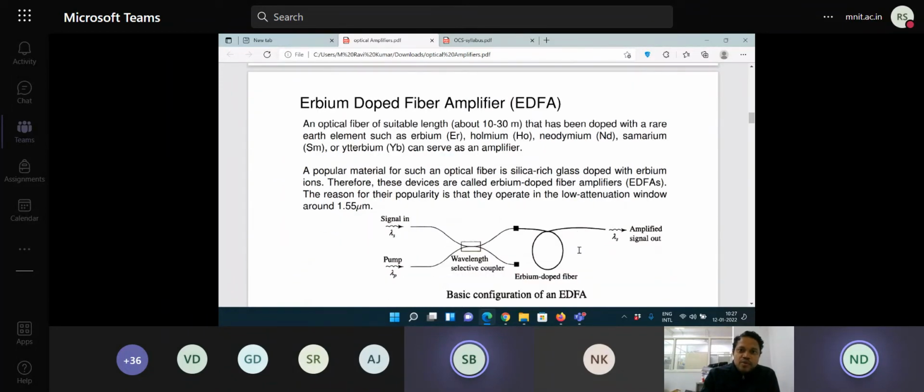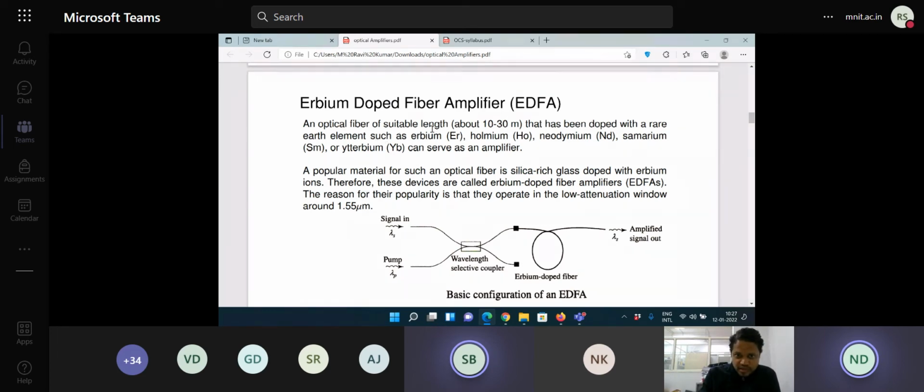So the erbium doped fiber amplifier is the most common type of fiber amplifier used in optical communication systems. This is usually a fiber which is doped with a rare earth element.